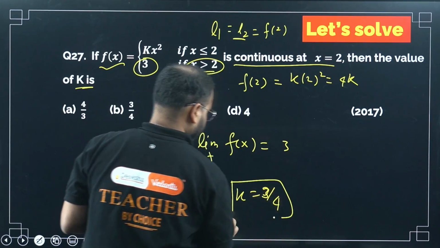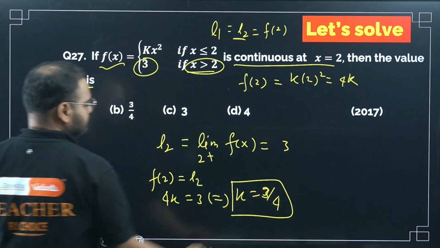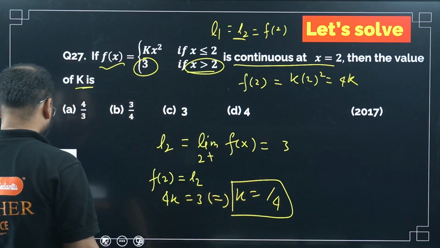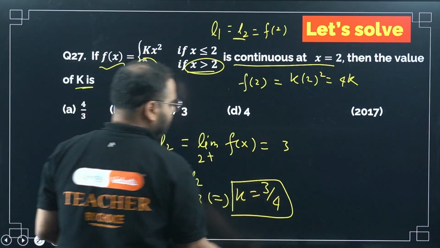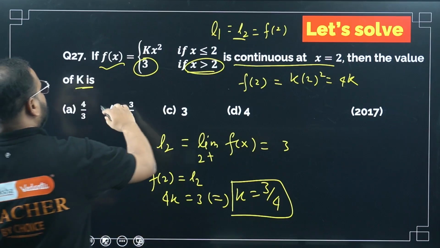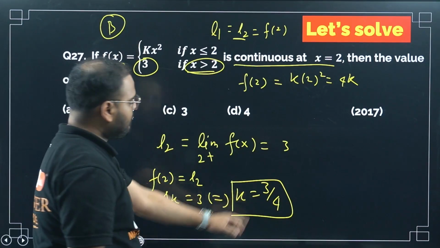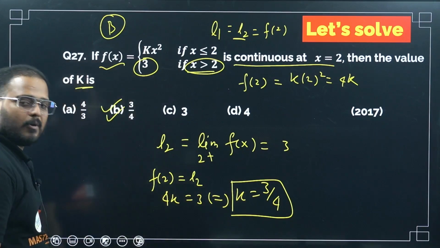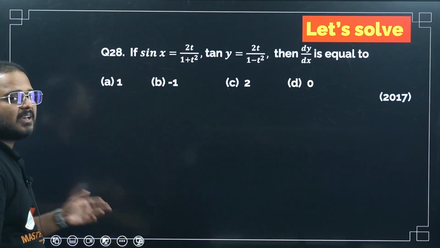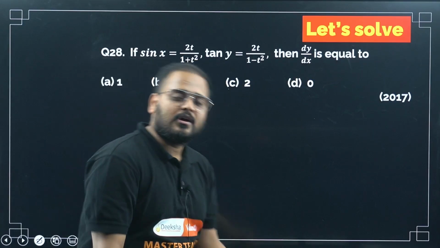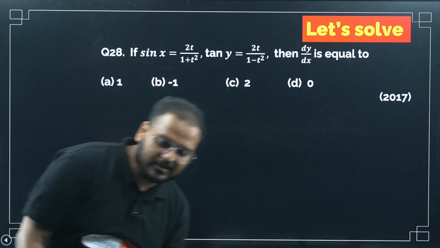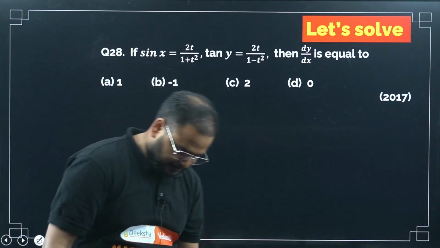The answer is B, k equal to 3 by 4. Simple problem, very simple. Continuity means LHL equals RHL equals the function's value at the given point.